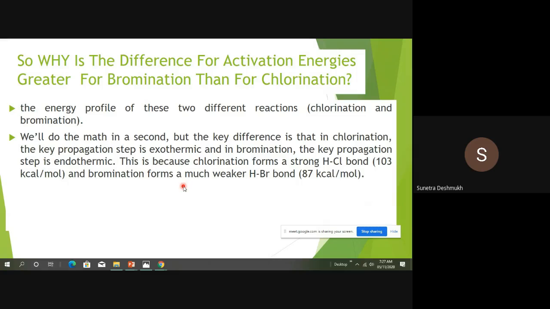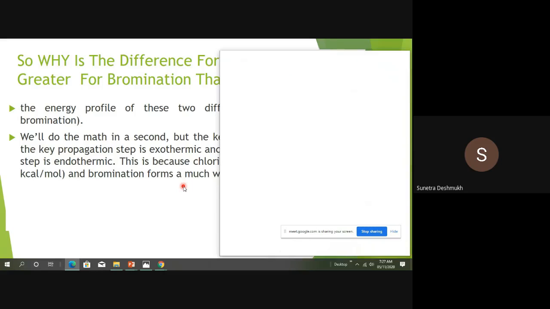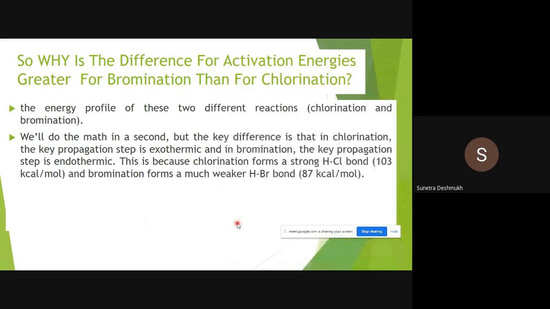After generation of the secondary as well as primary free radical, the HCl bond that is generated is stronger, at 103 kilocalorie per mole. And in the bromination reaction, the HBr bond formed is much weaker. The energy is 87 kilocalorie per mole.